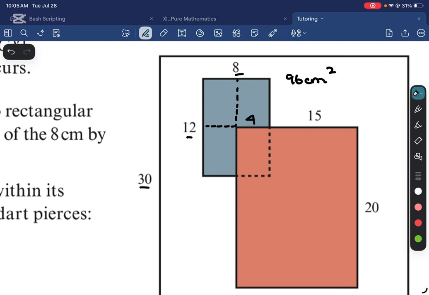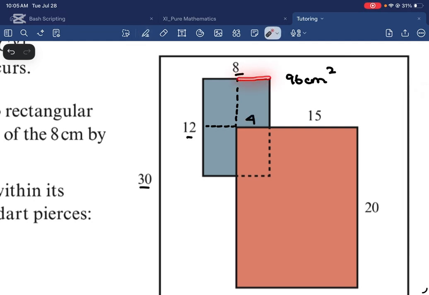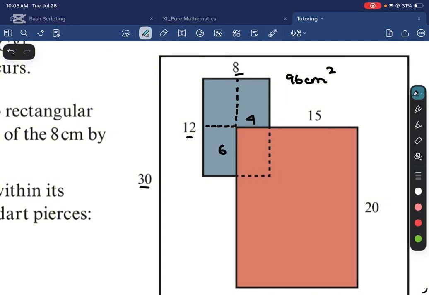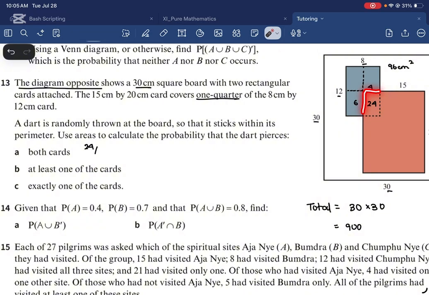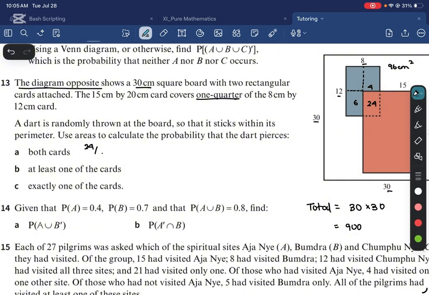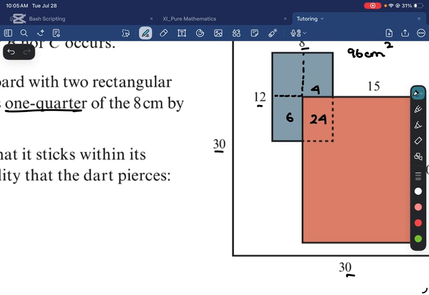This length is going to be 4. And this length is half the length of 12, is going to be 6. 6 times 4 gives me 24, right? Because this area is 24. So the probability that it pierces both cards is the area of this section, 24, divided by 900.